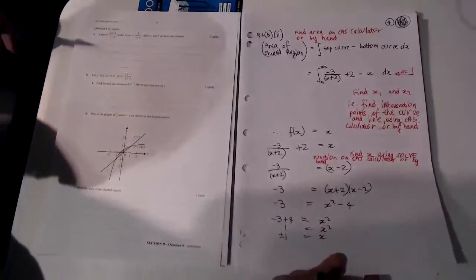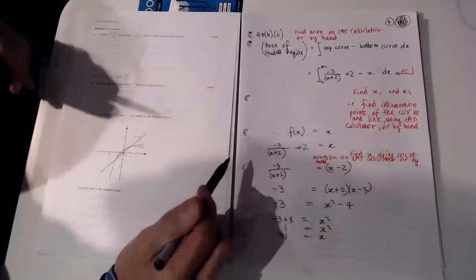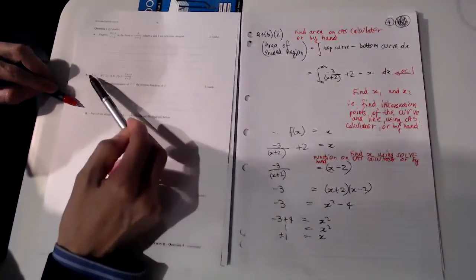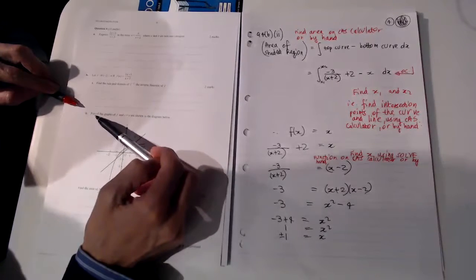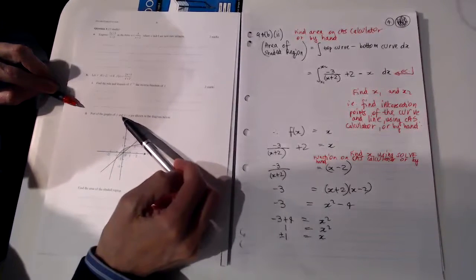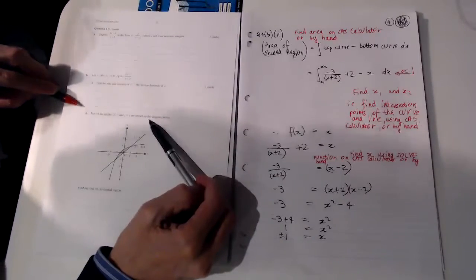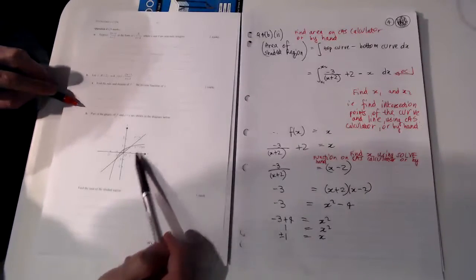Now we go on to B, part 2. What is B, part 2 about? Question 4, B, part 2: part of the graphs of f and y equals x are shown in the diagram below.